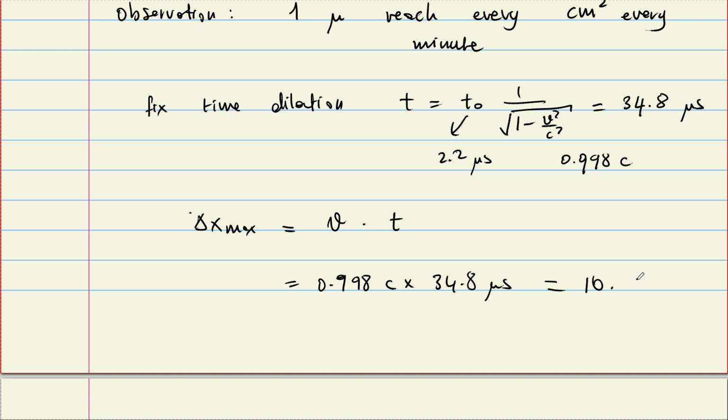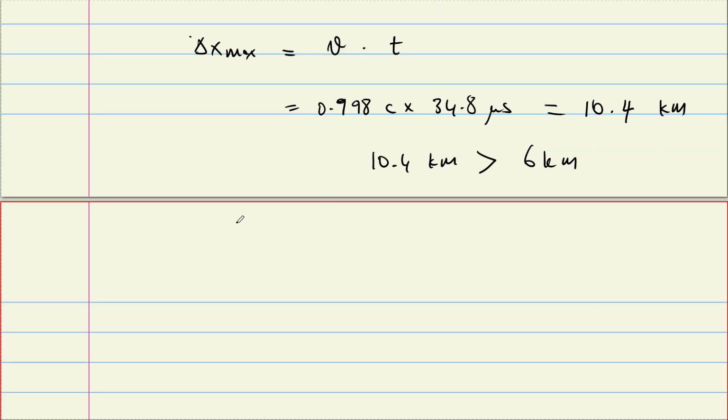At least for this one I found 10.4 kilometers, and since 10.4 kilometers is bigger than 6 kilometers, this calculation says the muon should reach Earth. Good. So we saved the day with time dilation.